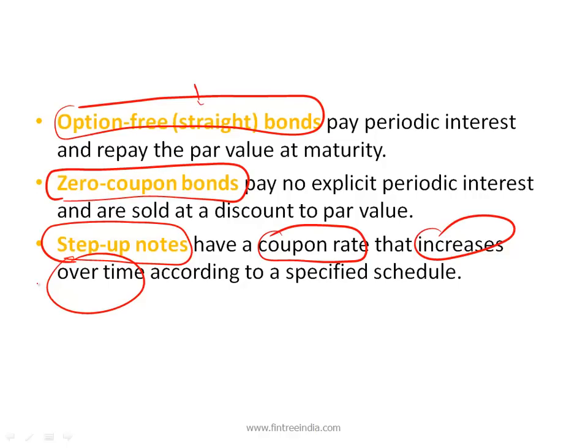Fair enough, from a theory perspective, this is what we need to know. But how do you use them from a real life perspective? Let's think from the issuer's perspective. You are an issuer, and in what scenario would you like to issue zero coupon bonds?